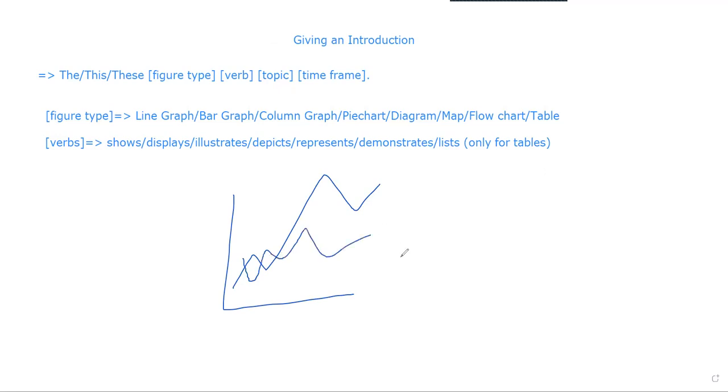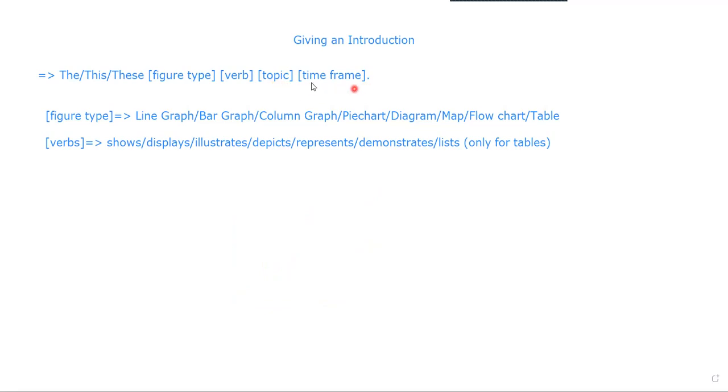Is that clear? So kindly be mindful that the main paraphrasing will be in the topic. You will have to do most of the paraphrasing with the topic. We'll come to that in a moment.